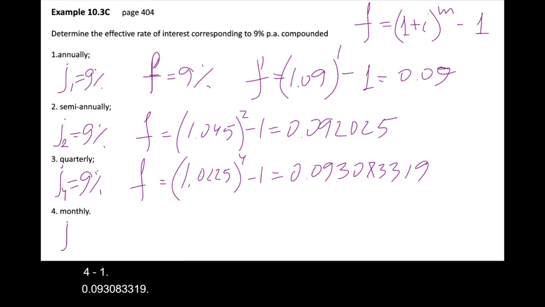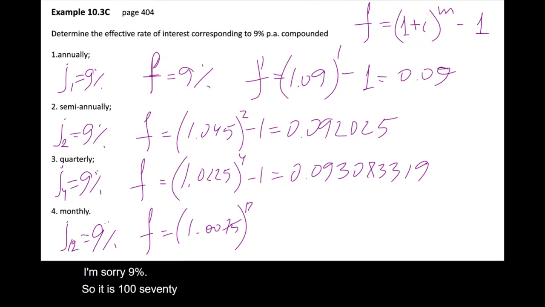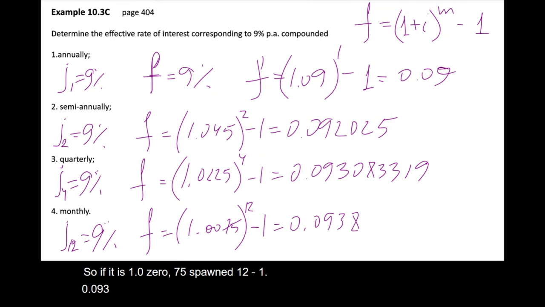I have J12, sorry, 9%. So F, it is 1.0075 exponent 12 minus 1. 0.093806898.